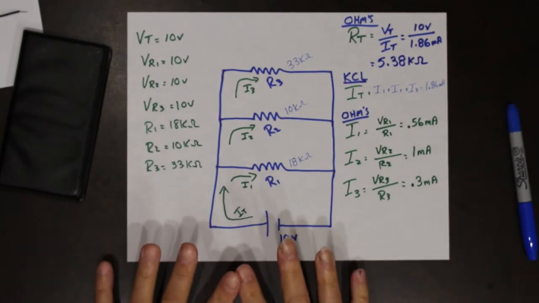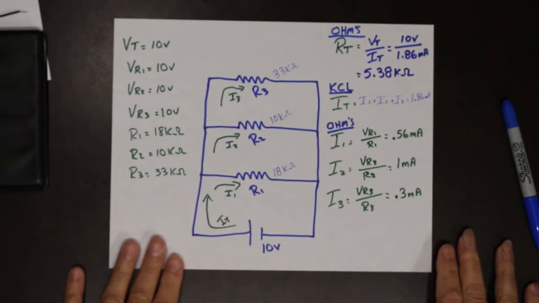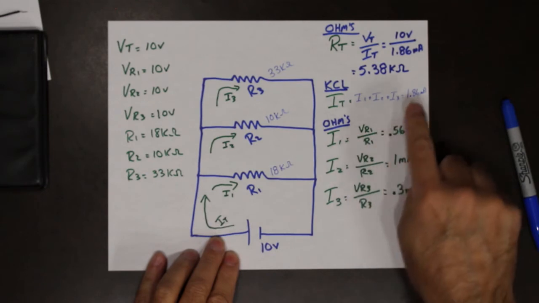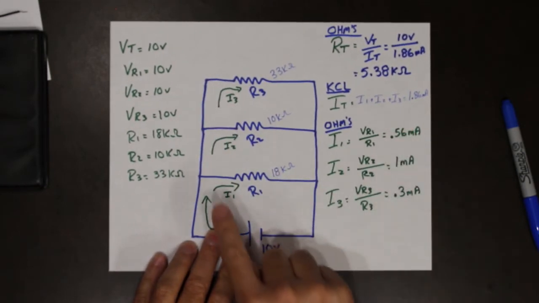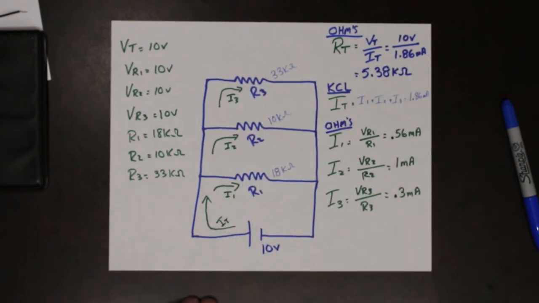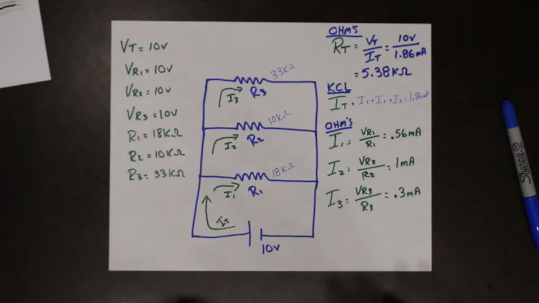So now we have solved for everything that we need to know about this circuit. We needed to know the total current, got it. We needed to know the individual currents, got it. We needed to know the total resistance of the circuit, got it. Could we have done it another way? Yes, we could.